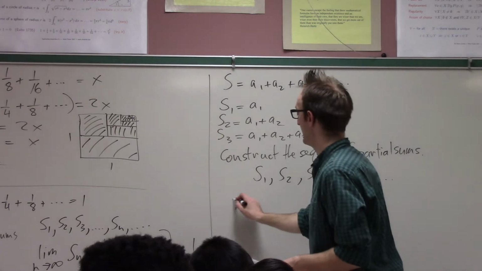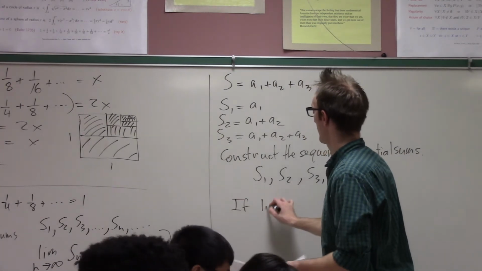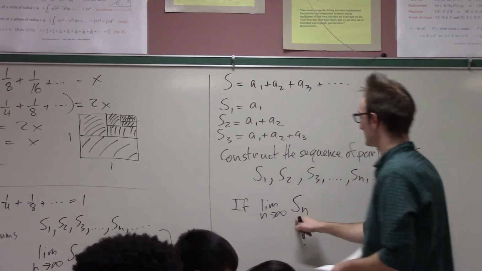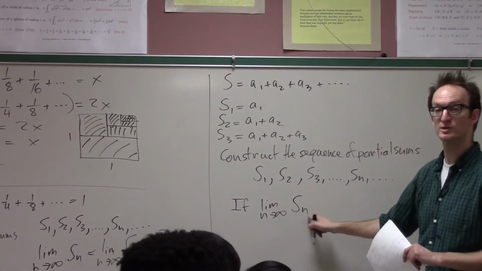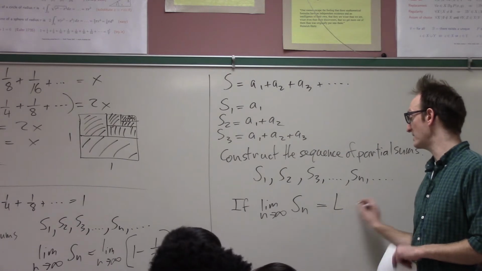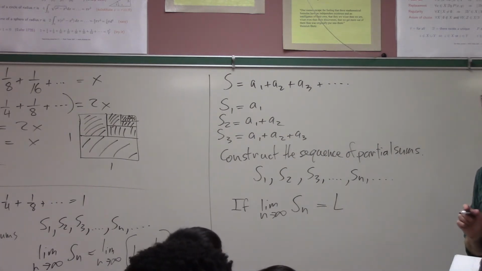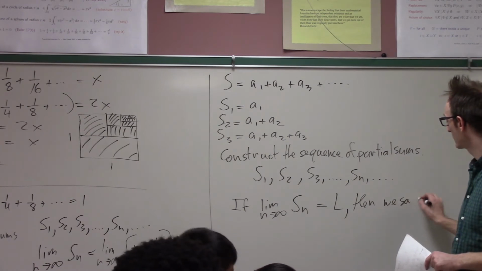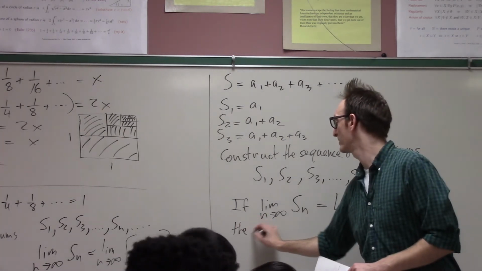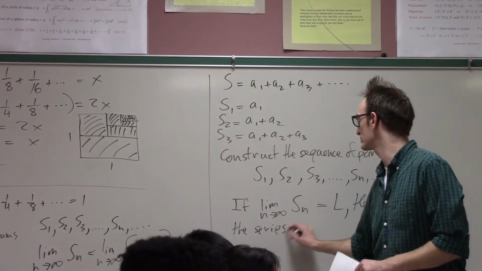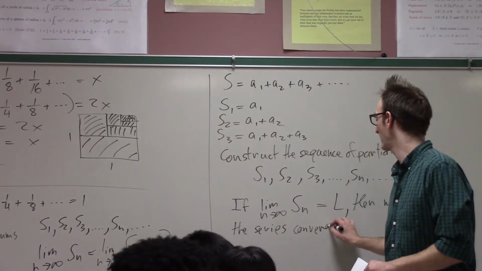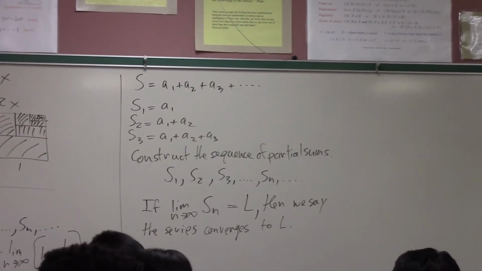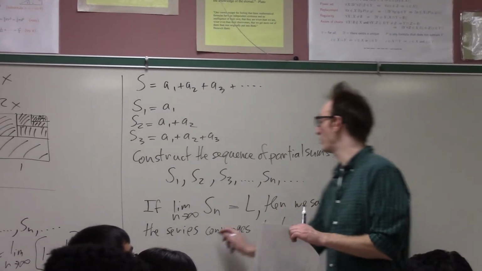And what we say is, if the limit as n goes to infinity of the nth partial sum exists and is a number L, then we say the series converges. And we say that it converges to L. So this is a new vocab word, converges.